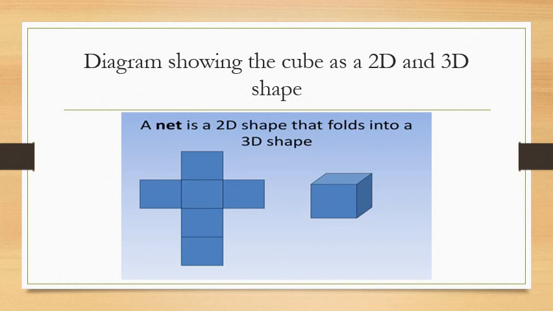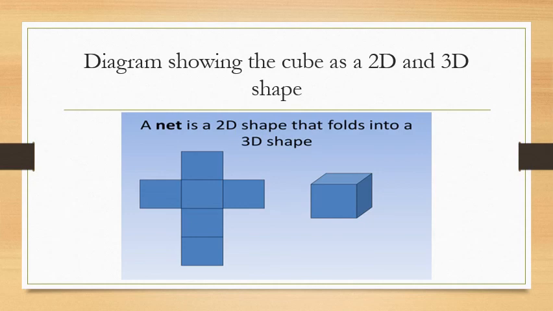Remember I was saying that once it's laid out flat, then it's called a two-dimensional figure or shape. On the side where you see the square faces open out, this is where it is laid out flat. And where you see the cube together, that is the three-dimensional shape.